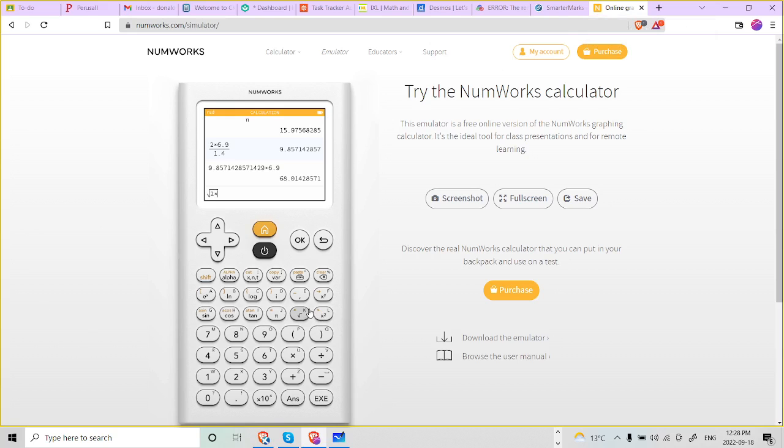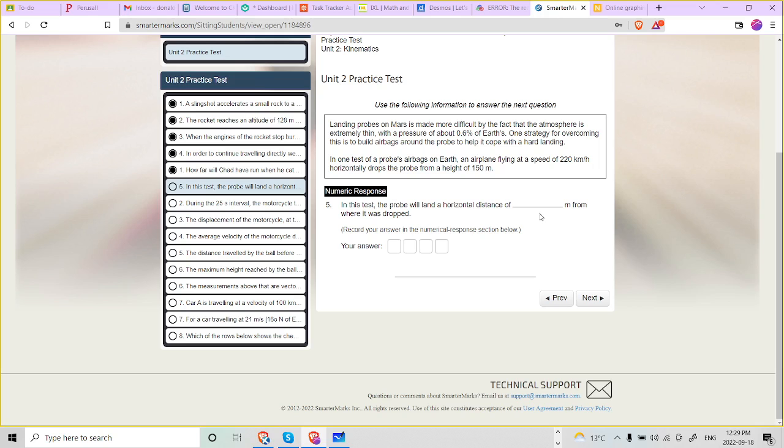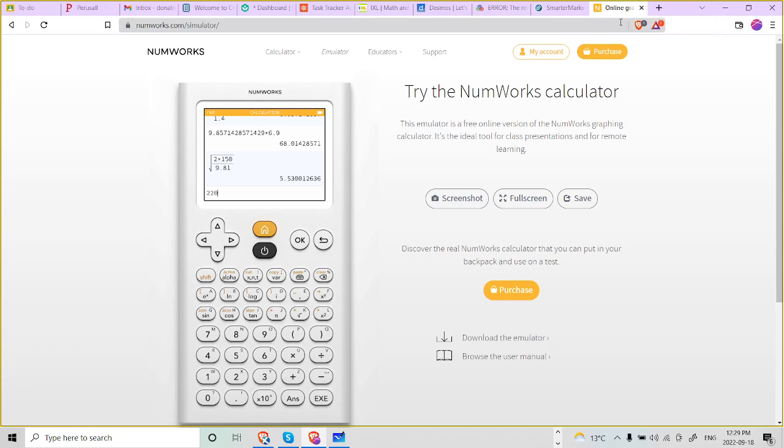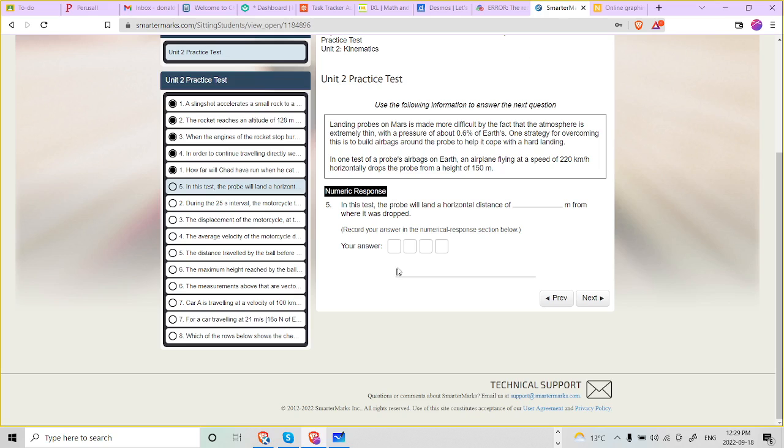So yes, 2 times our distance, which is 150 meters, over our acceleration of 9.81 meters per second squared. Technically, our displacement and our acceleration should both be negative, but this gives us our time elapsed. We want to know how far it goes in meters. Well, 220 kilometers per hour divided by 3.6 gives us meters per second. So that's how many meters per second we're going. We multiply by the number of seconds we have, and it goes 338 meters.